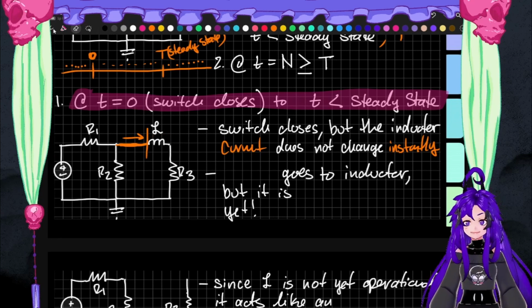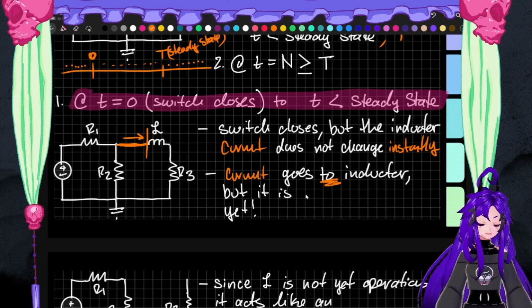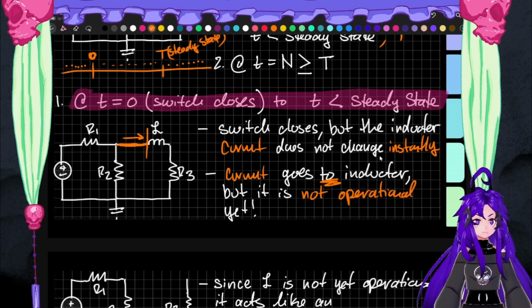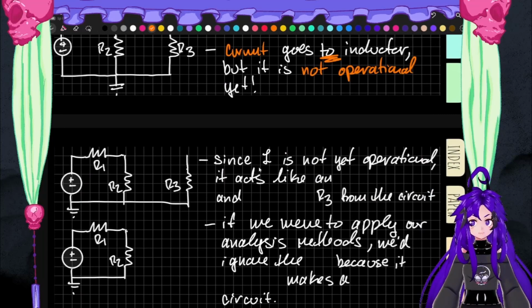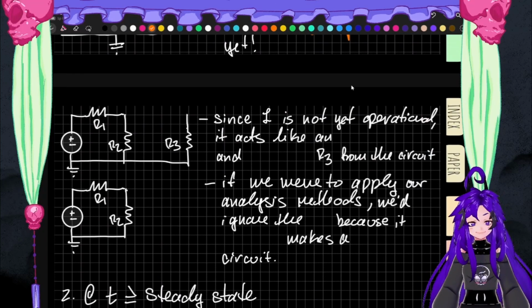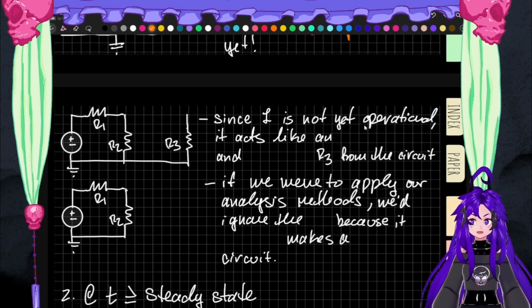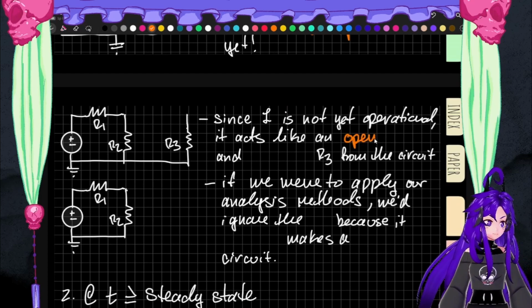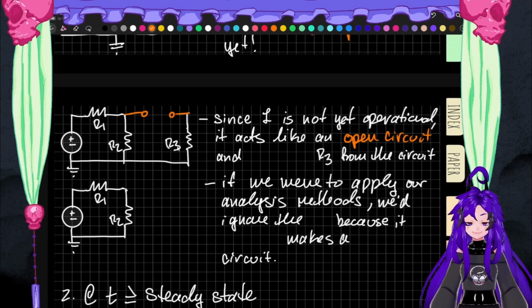As a matter of fact, current goes to the inductor, but the inductor is not operational yet. It takes time to spin up. So, in fact, since L, the inductor, is not operational, it acts like an open circuit. So this is like this, which kind of means that R3 is disconnected.